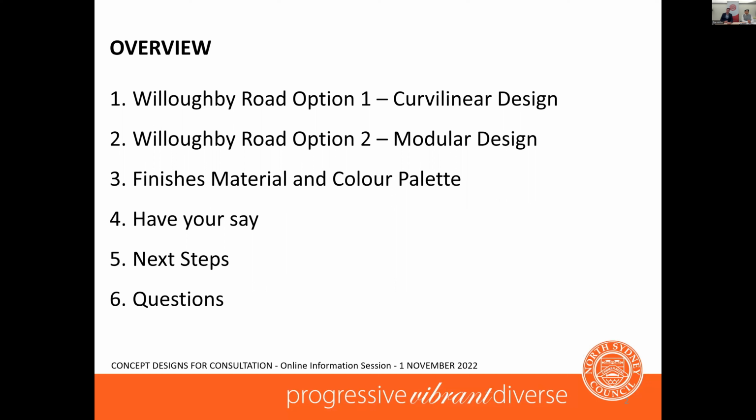The options are known as 1 and 2, but of course, we're not asking you to directly support or not support one of the options. You can certainly pick what you like and don't like about either option and tell us, because at the end of this process, what we want to do is come up with a preferred option, which could be option 1 or 2, depending on the outcomes of the consultation, or it could be a combination of options 1 and 2.